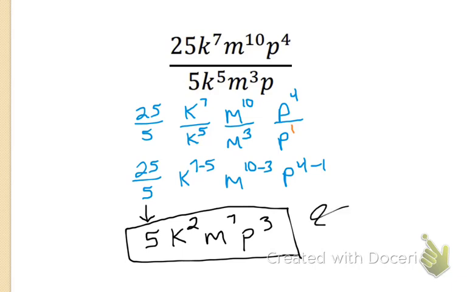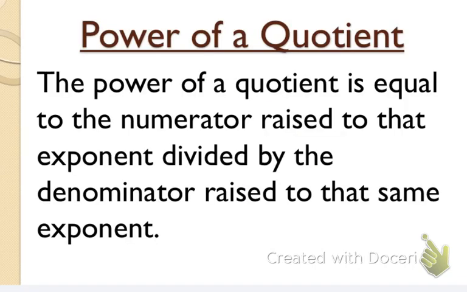Just apply the rule. Next one, power of a quotient. The power of a quotient is equal to the numerator raised to that exponent divided by the denominator raised to that same exponent. So what in the world does this all mean? Okay, so we have a quotient. So we have, let's say, a divided by b, or 7 divided by 8. Let's suppose this was raised to the power of n.